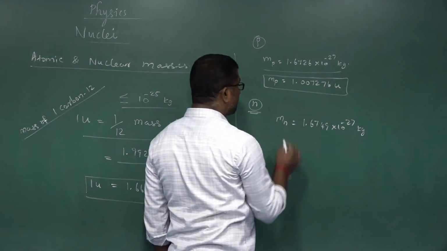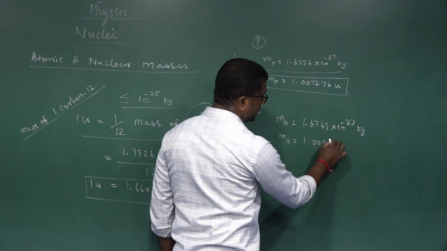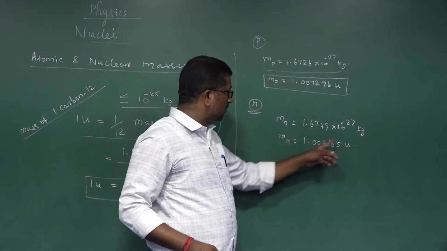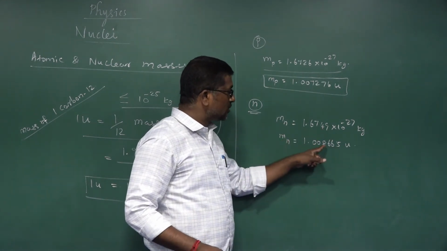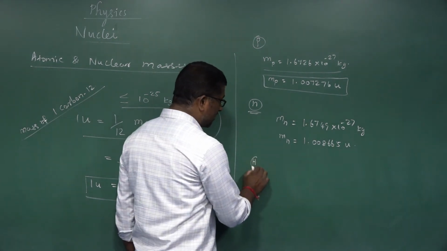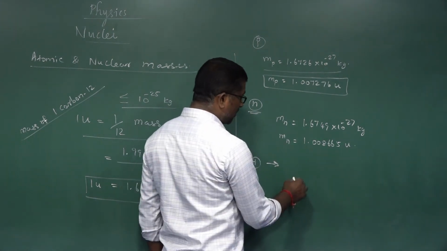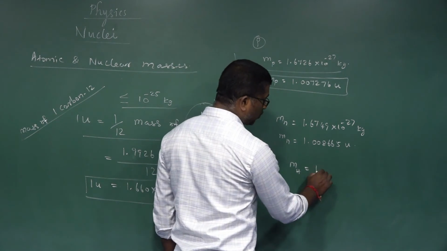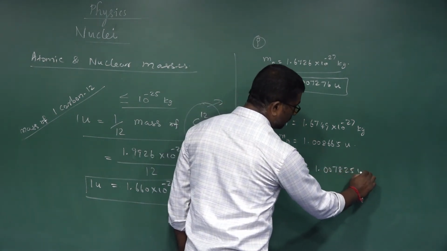In terms of atomic mass unit, mass of a neutron is 1.008665 u. Similarly, for hydrogen atom, mass in terms of atomic mass unit is 1.007825 u.